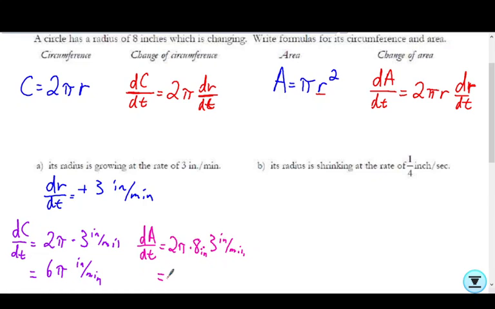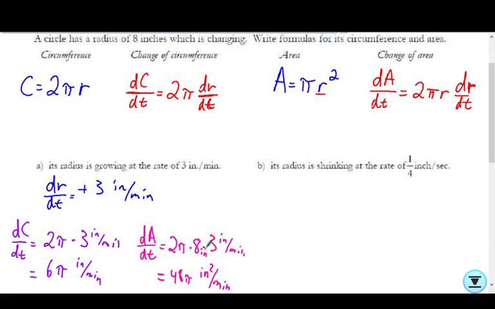So 2 times 8 times 3, so 2 times 8 is 16, times 3, 48 pi square inches per minute, because you have inches times inches, so square inches. So that is how the area is changing.